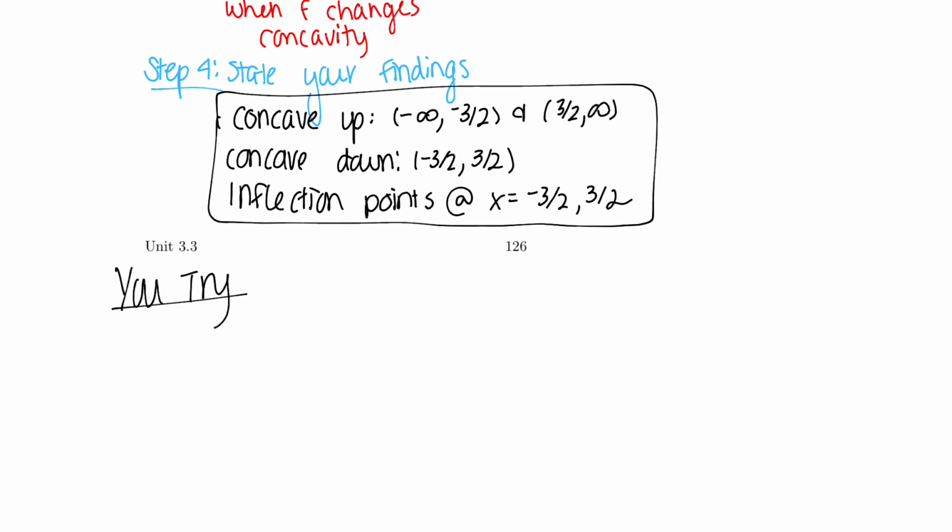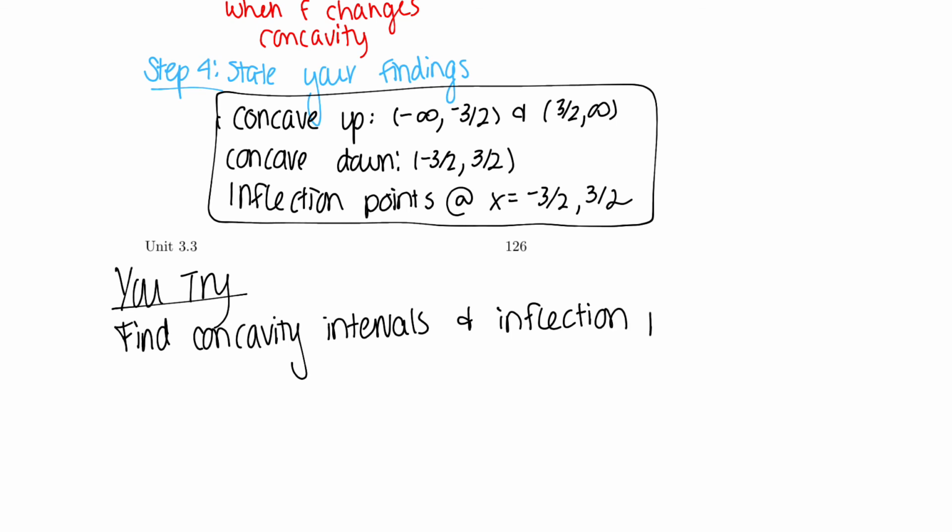Here we're finding concavity, and you're also going to find inflection points. So this is g equals x to the fourth minus 12x cubed plus 84x plus 4.